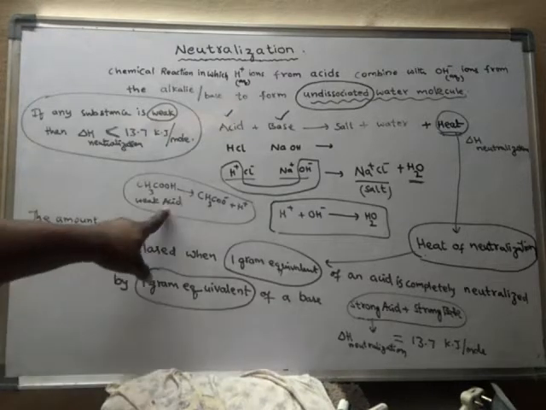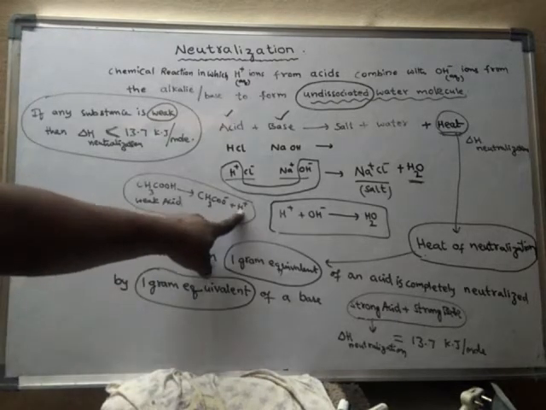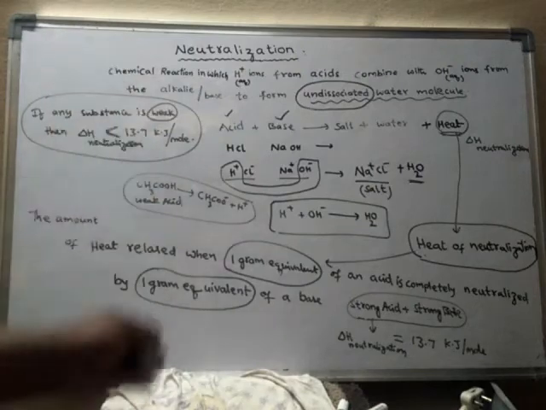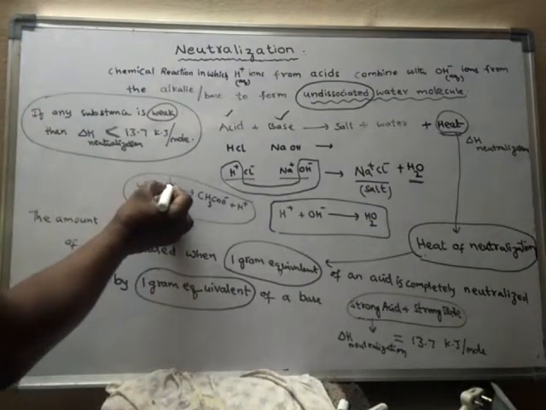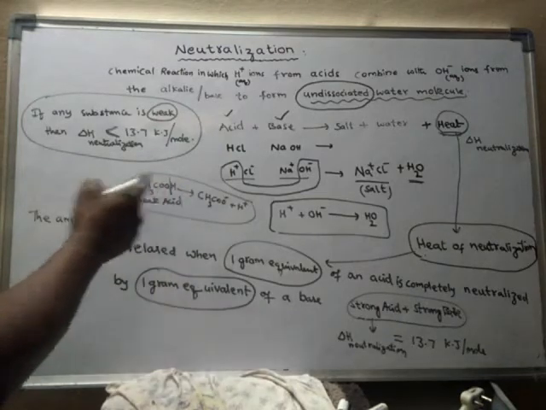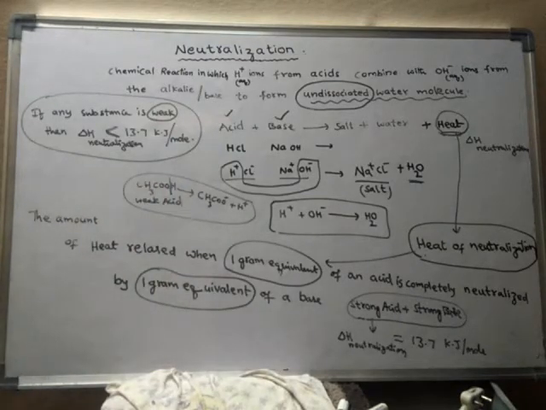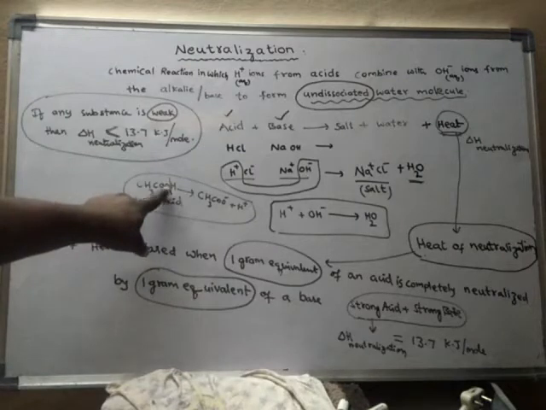So in order to form H plus ions, what happens? It requires some heat energy. Some heat energy is required to break the bond between oxygen and hydrogen.